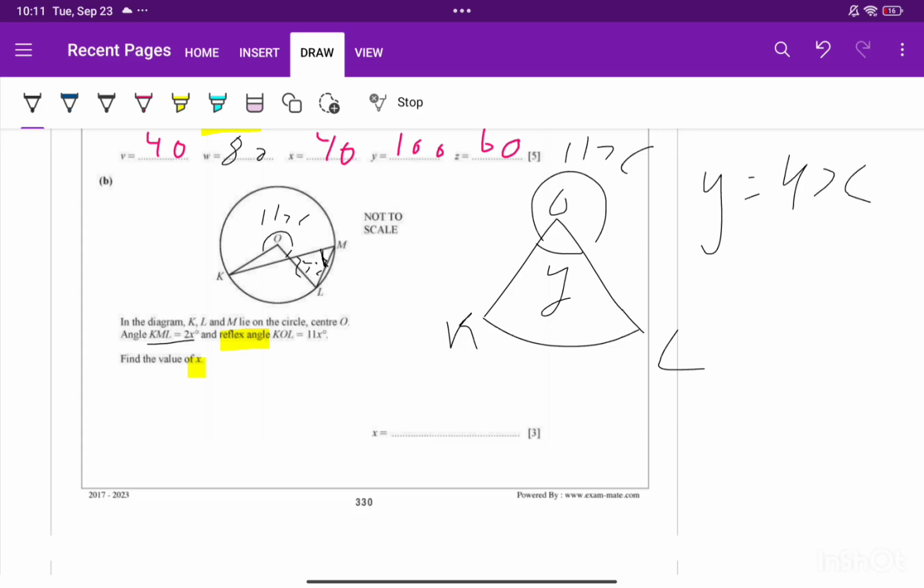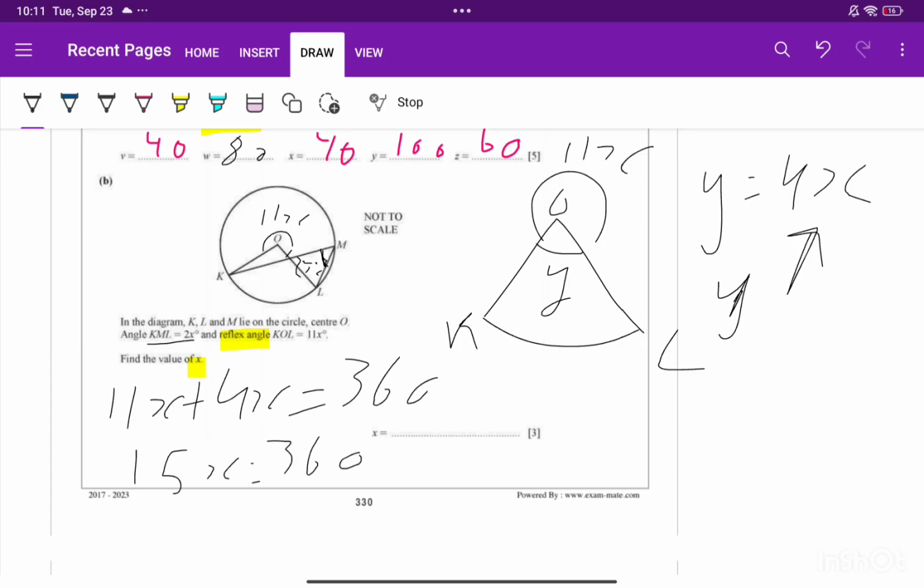So this y will be equal to 4x, twice the KML angle. So we can write 11x plus 4x is equal to 360. So 15x is 360. 360 divided by 15, so x will be equal to 24.